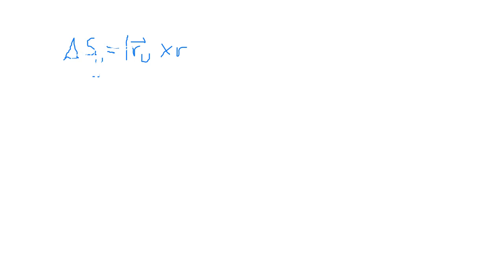If we want the little piece of surface area, what does it equal for a patch on this surface? We can just take the cross product of the tangent vectors, take their magnitude, and then multiply by a little piece of area.